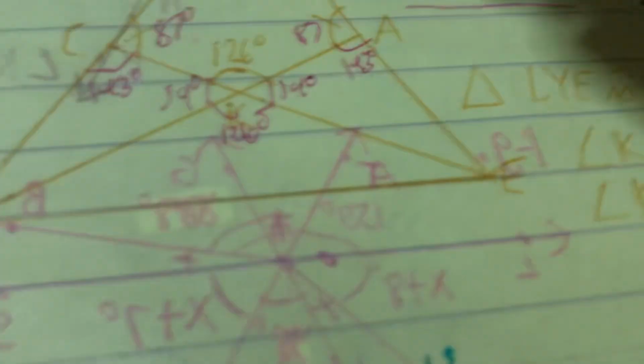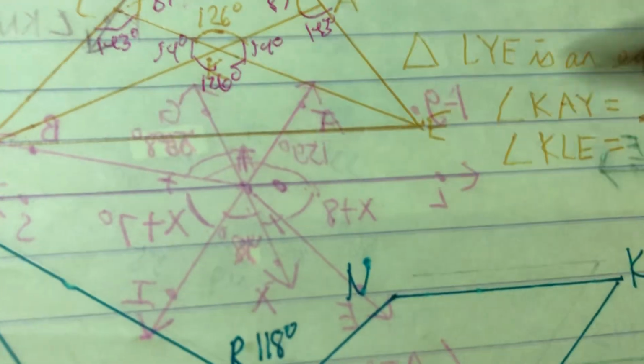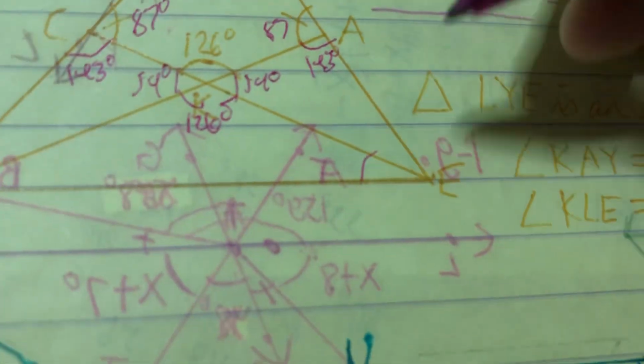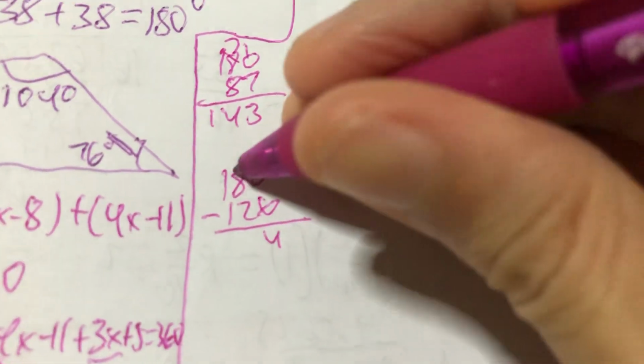So you know we have 126 degrees here, right? And we know that two angles are congruent. This is 60 degrees. 126 divided by 2, you should get these two angles here. So 180 minus 126 is 54. So this is supposed to be 27 degrees. 27 here.